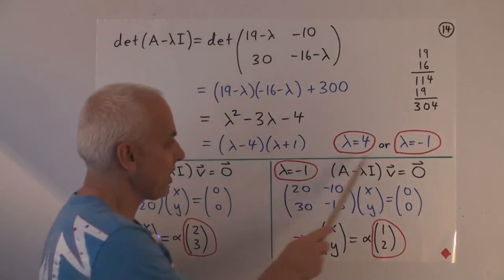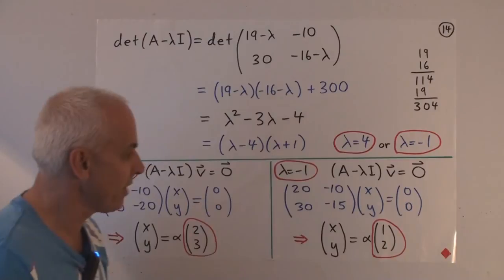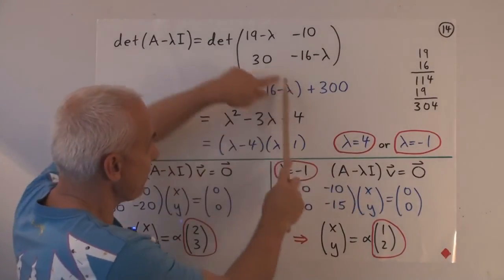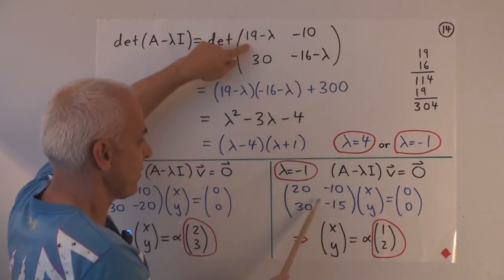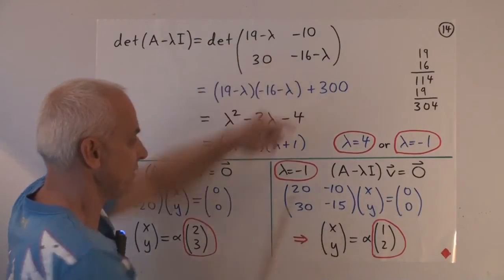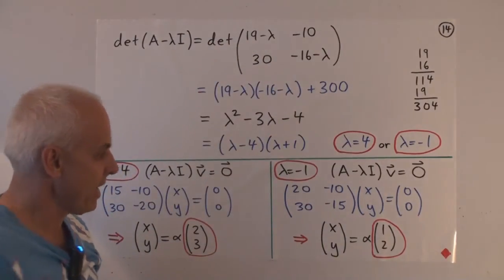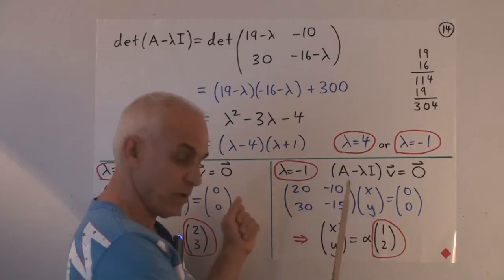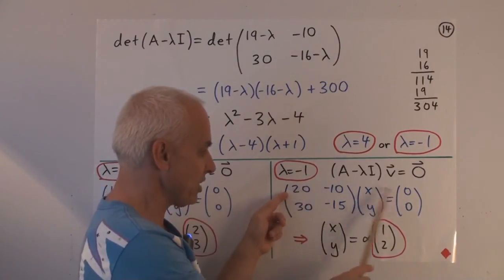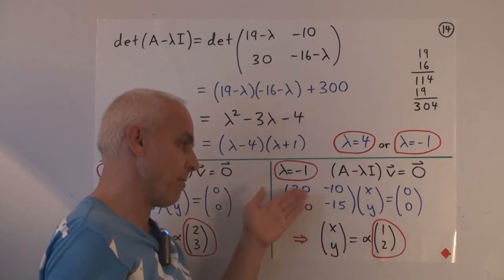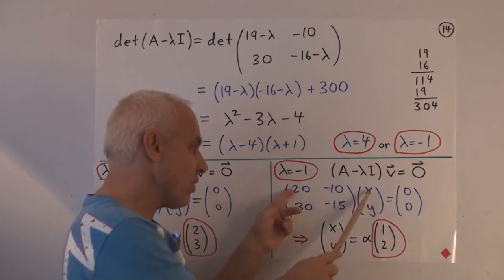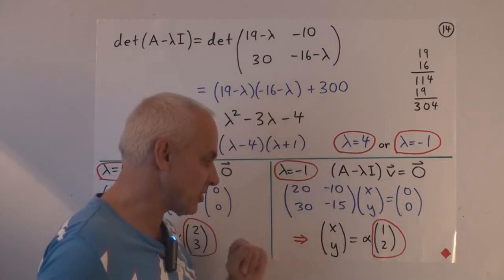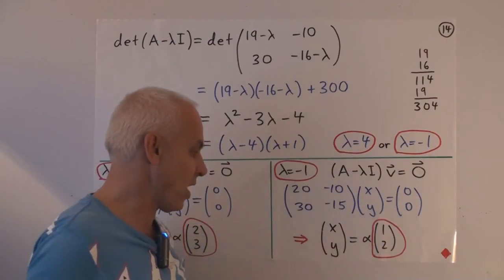And over here, the other case, when lambda equals minus 1, then A minus lambda I becomes the matrix 20, minus 10, 30, minus 15. And again, this system, although it looks like two equations, really is only one equation because the second one is just a multiple, 3 halves, of the first one. So there's really only one equation here that allows us to solve for x and y.